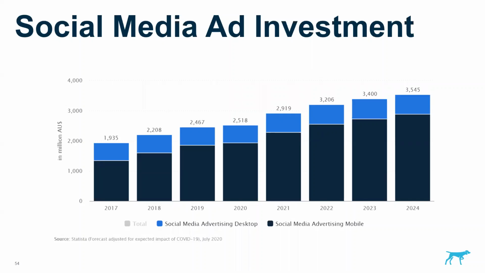What's interesting is that desktop is essentially the same size no matter what year it is, and mobile is really the platform that's growing, which is unsurprising. The users are growing, but the mobile penetration is nearly 100%.